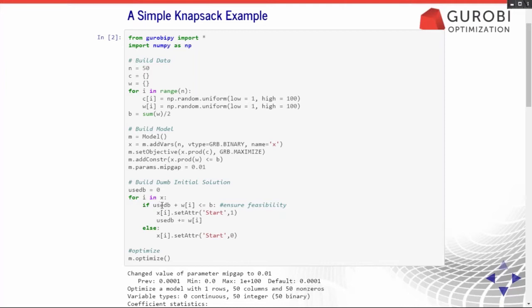Whenever the used capacity plus the capacity of the current element that I'm considering is below the total capacity, I'm going to set the attribute Start to 1, meaning that I want to use that item in my knapsack. Otherwise, I'm just going to set it to 0. And then I'm going to call optimize. That's it. It's really just setting those Start attributes for every variable.